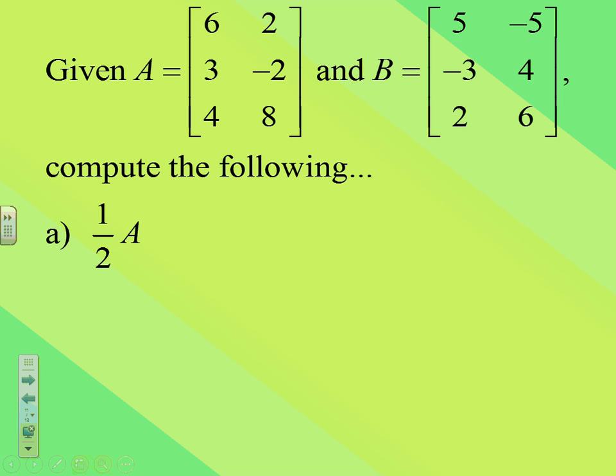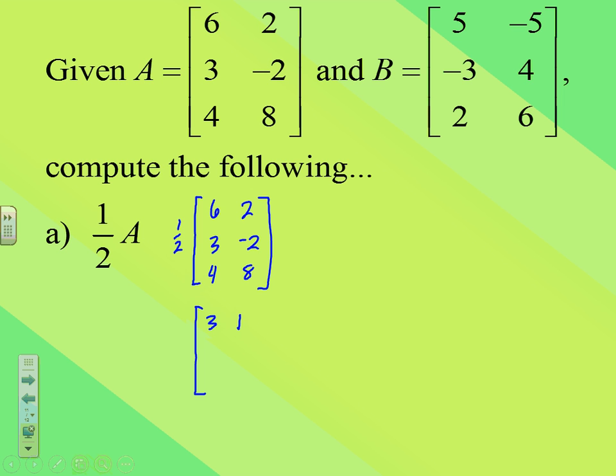What this is telling us to do is take 1/2 and multiply it to matrix A. So I'm going to write 1/2, and I'm going to go ahead and write matrix A here, which is 6, 2, 3, -2, 4, and 8. And I'm going to multiply that 1/2 to every number that's inside of the matrix. So it's almost like distribution. The 1/2 times the 6 gives me a 3. Half of 2 gives me a 1. So there's my first row of my product after I do the scalar multiplication.